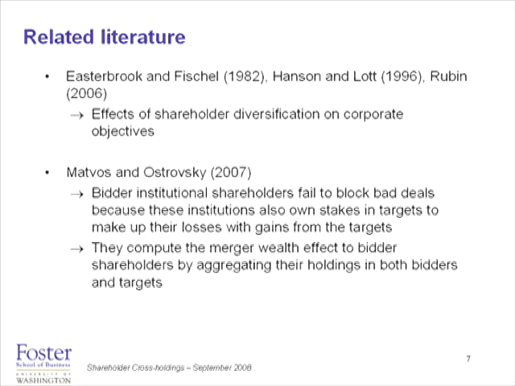And then they show some relation: if you're an institutional shareholder and you own a bunch of shares in the target, you're more likely to vote to approve the merger. Now they compute this wealth effect, the switch that makes the bid a good thing for you, by aggregating all the holdings of the shareholders that own shares in both the bidder and the target, and show that the total holdings in the target is great.